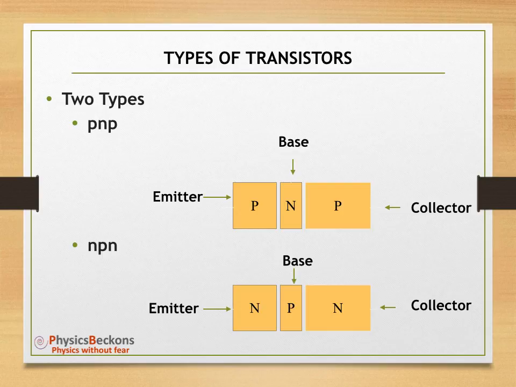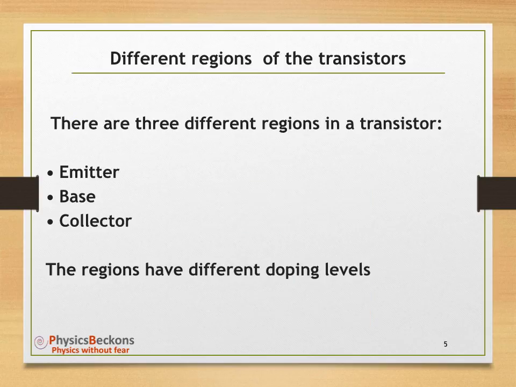The different regions of a transistor, they have different doping levels. The three regions, as stated earlier, they are called the emitter, the base and the collector. These regions, they have different doping levels, as we'll see shortly.